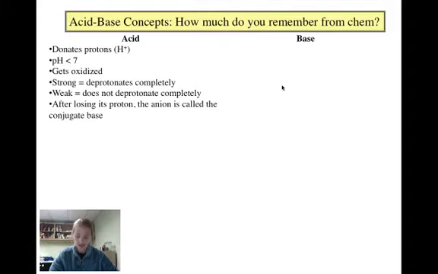While the Bronsted-Lowry definition of an acid is something that donates protons, a base accepts protons. The Lewis definition of a base is a substance that donates hydroxide ions. Basic solutions have pHs greater than 7. Because a base accepts protons, it gets reduced.